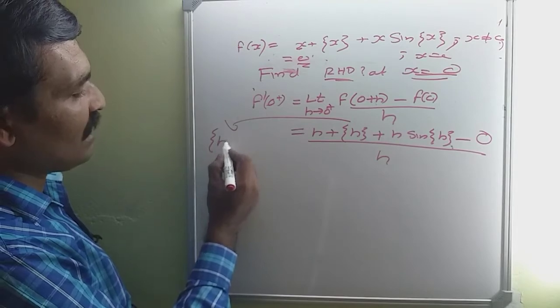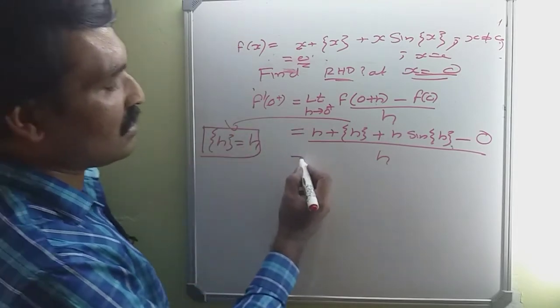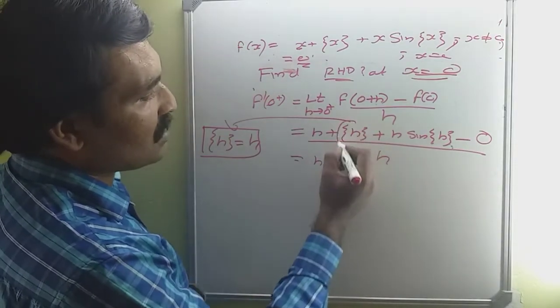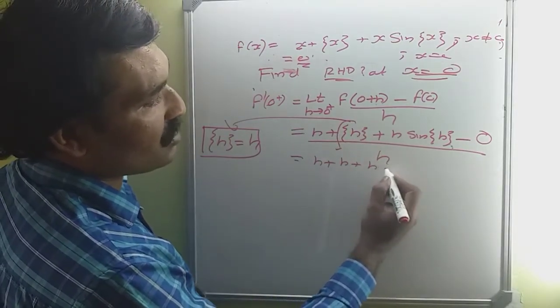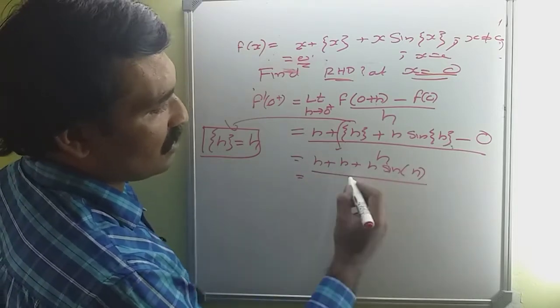Fractional part of h is equal to h. So this is h plus h plus h sine of h, divided by h.